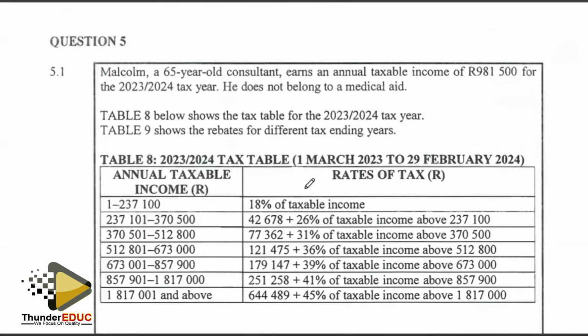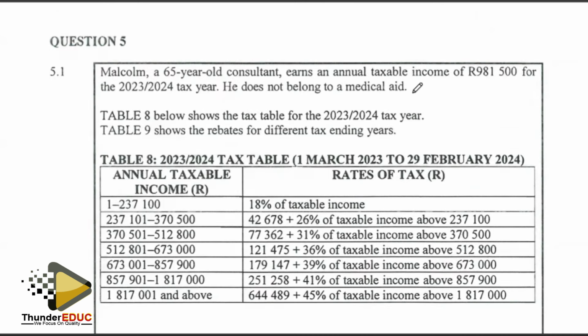Question number 5, we look at finance again, taxable income. Malcolm, a 65-year-old consultant, earns an annual taxable income of 981,500 rands for the year 2023 to 2024.